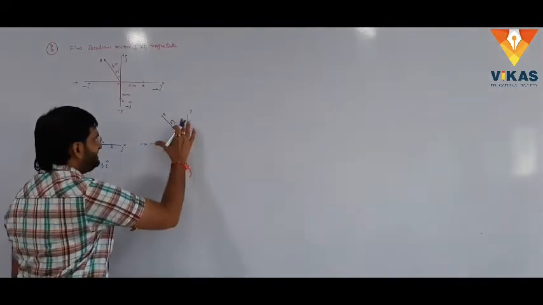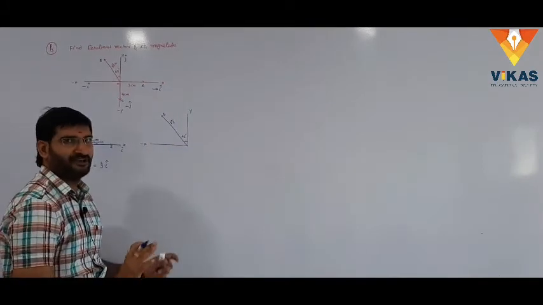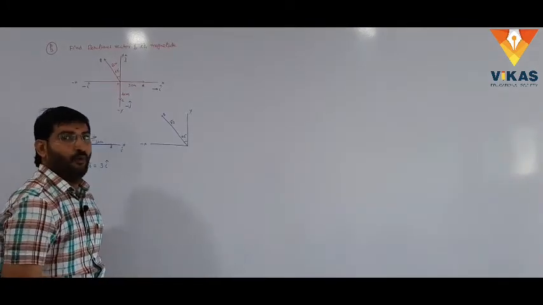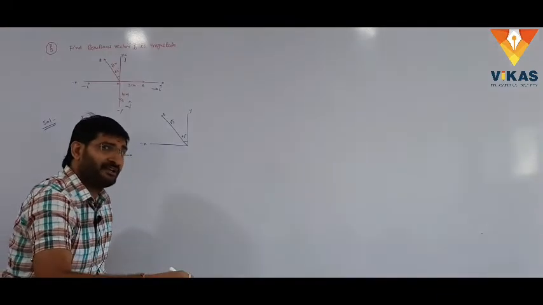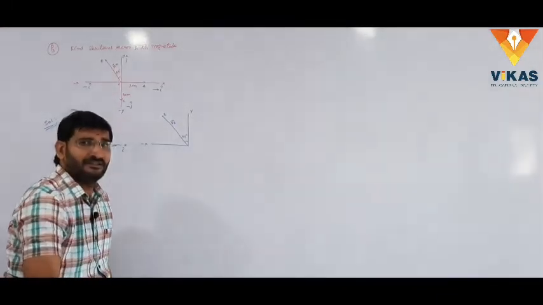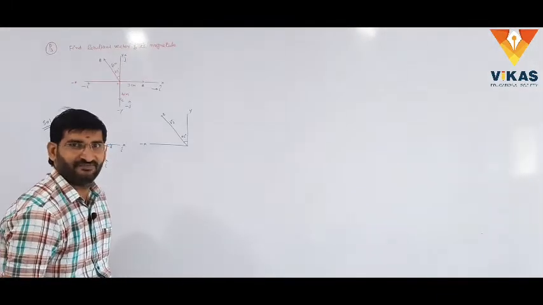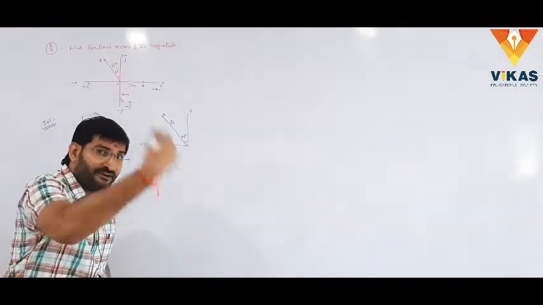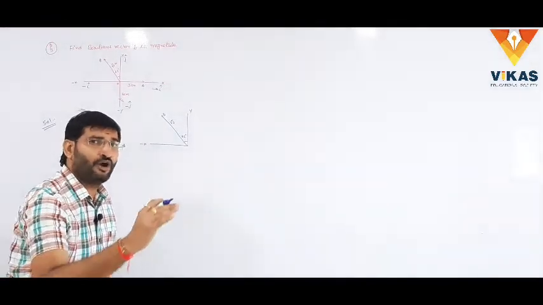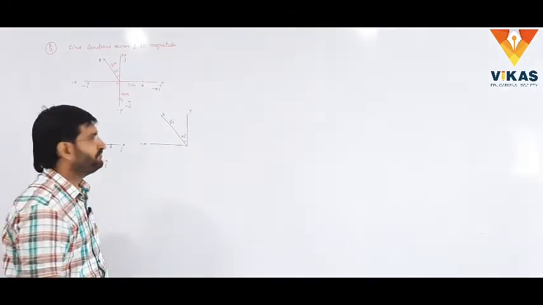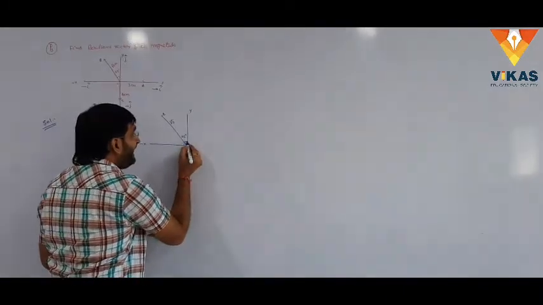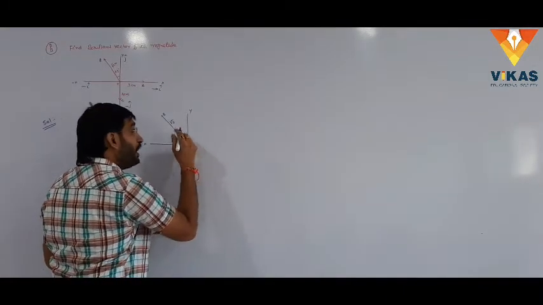Here the vector lies in this plane, not parallel to any one of the axes. Once the vector lies in the xy plane or yz plane or zx plane, the vector must be resolved. It has two components, one along the x-axis, one along the y-axis. The vector which makes an angle with an axis, on that axis the cos component is there.